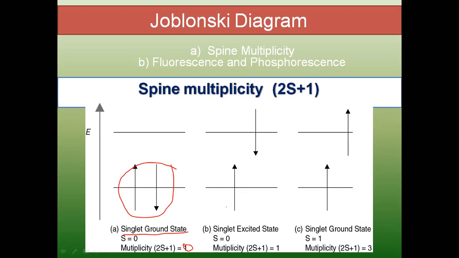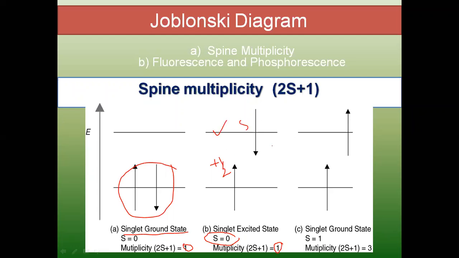When an electron is excited by absorbing energy, its spin may change. In the singlet excited state, the plus half and minus half spins cancel each other, so the spin quantum number is again 0 and the multiplicity is 1.